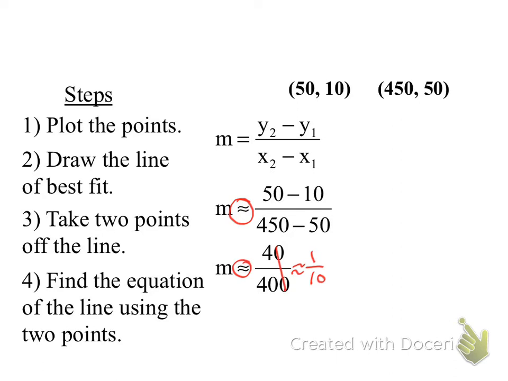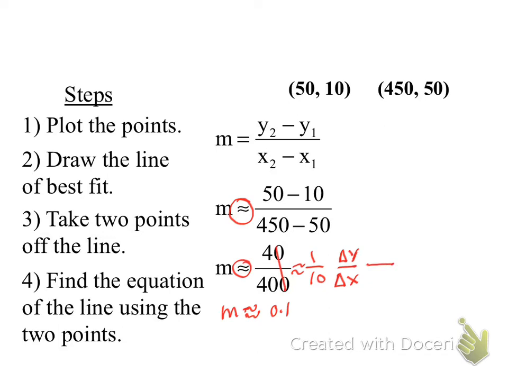Now, more than likely, you're going to be converting that to a decimal. But let's talk about what we talked about earlier. Didn't we say that the numerator is like the change in the y? Yes or no? And that the denominator is the change in the x?